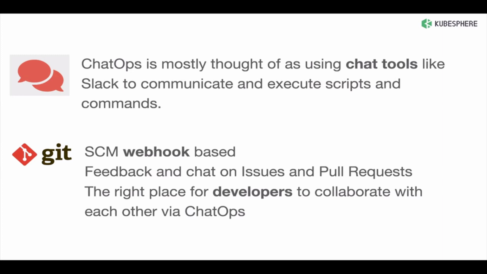But today I'm going to introduce another type of ChatOps. It is SCM webhook based. Users can get feedback and chat on issues and pull requests. And I believe this is the right place for developers to collaborate with each other, because all developers always need to commit their code and do the review work on a Git provider, such as GitHub.